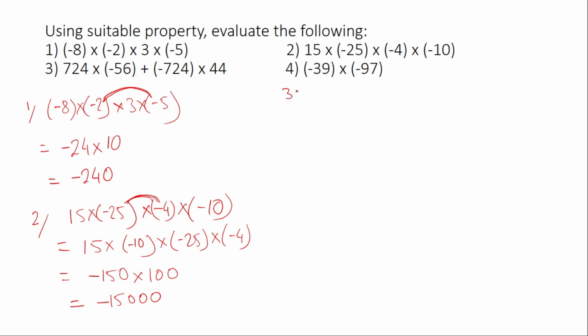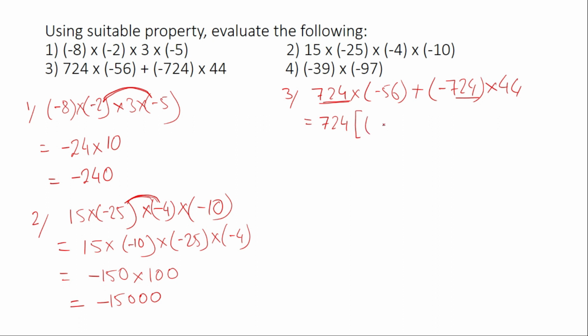Number 3. 724 into minus 56 plus minus 724 into 44. So we will use the property, that means on both sides we can see minus 724 is common. So what we will do, we will take out 724.